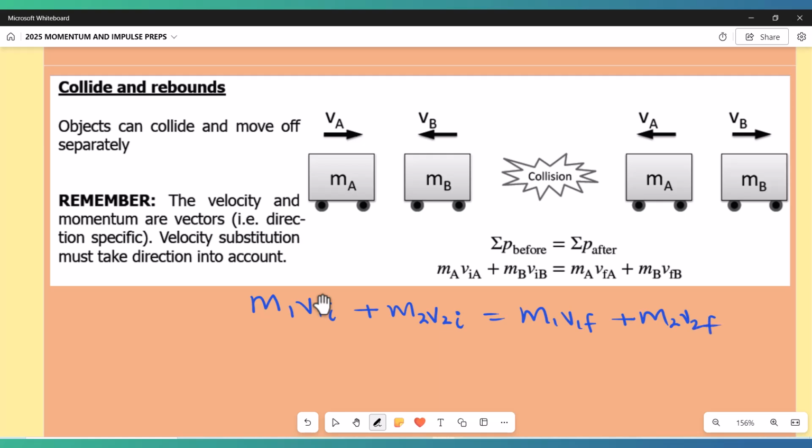Depending on the given information, we can substitute and calculate whatever they want. But don't forget that velocity and momentum have direction, so you must choose a direction and answer accordingly.